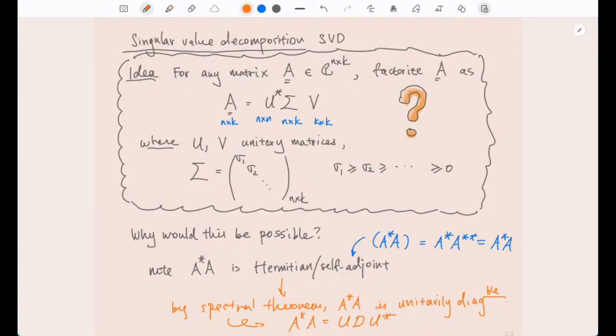And the idea is that D would be, we can factorize this D, so I might get A equals U D V star. Where do I want to put the star on the U? Well, let's say it's U D U star for now.